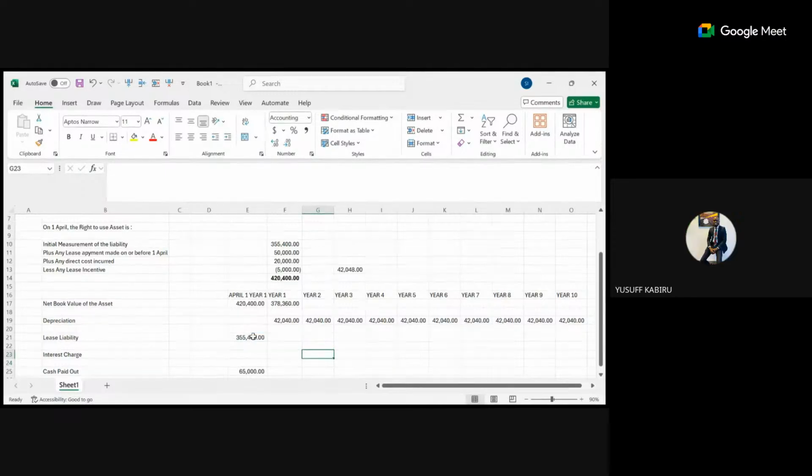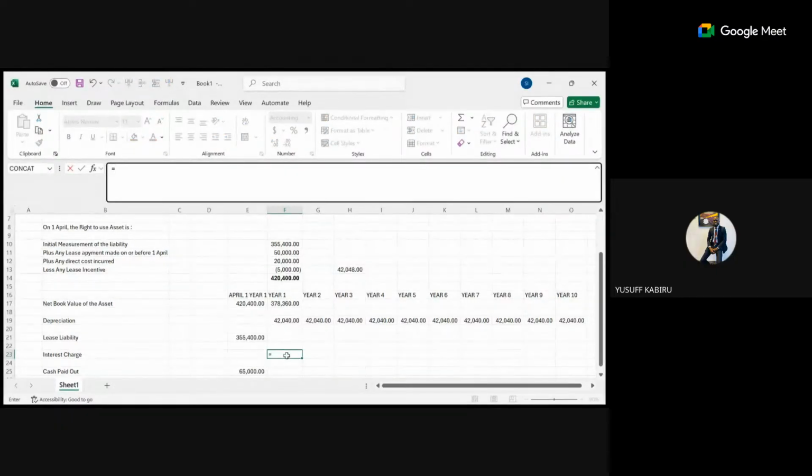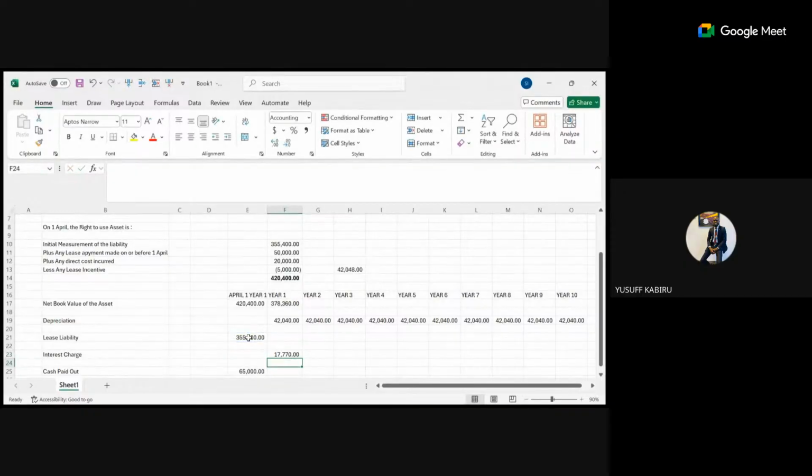Okay, so the next one is to consider what is our interest charge? You will take the lease liability multiplied by the 5% that we use as the implicit rate we use to derive our interest charge.